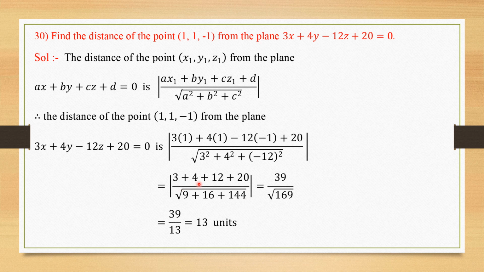Here 3 plus 4 is 7, 7 plus 12 is 19, 19 plus 20 is 39. 9 plus 16 is 25, plus 144 equals root of 169, which is 13. 39 divided by 13 equals 3 units.